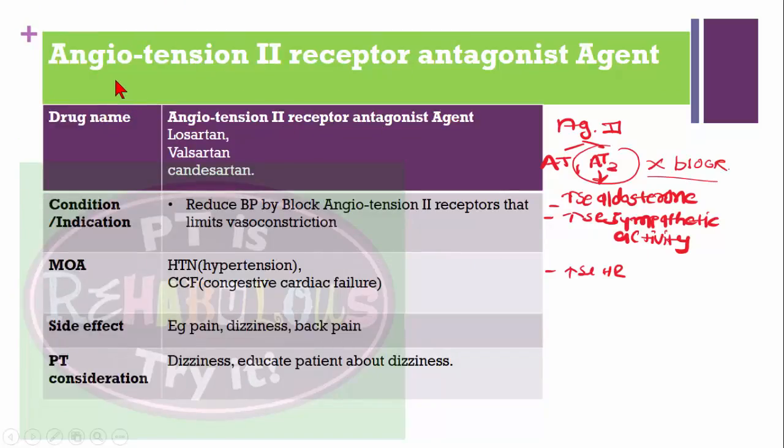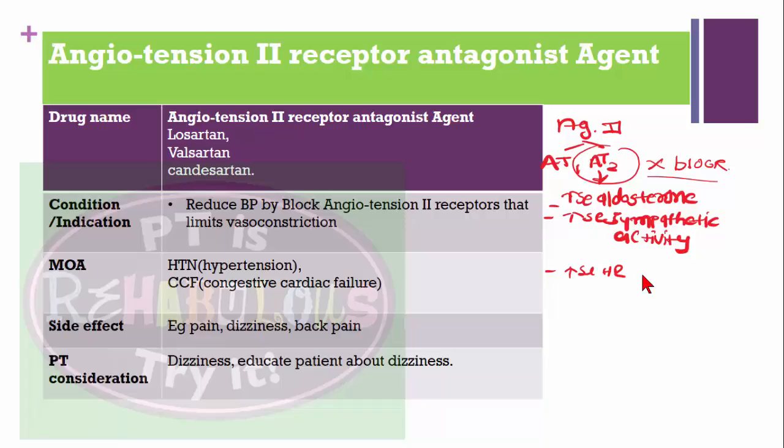Now we are going to learn angiotensin II receptor antagonist agents. Angiotensin II acts on its receptor to increase aldosterone, sympathetic activity and heart rate. If we block this angiotensin II receptor, there won't be any other abnormalities in your heart.